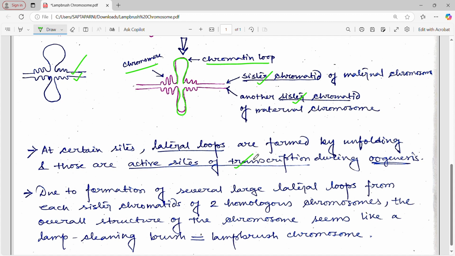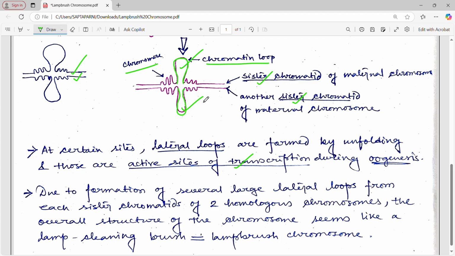We know that when RNA is formed from DNA, the DNA needs to be unfolded so that RNA can be formed very easily. So these lateral loops are the unfolded structure of the sister chromatids, and they are actually the active sites of transcription. Got it? Active sites of transcription.